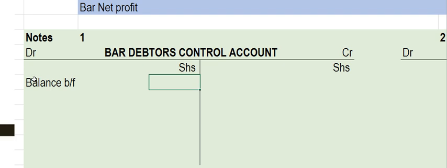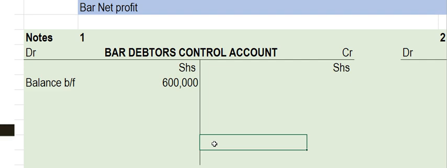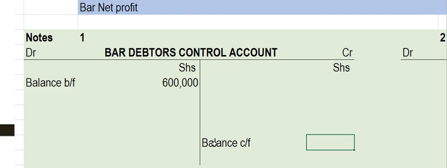That opening balance is how much you need to check on the question, and then you see that opening balance for the trade receivables, that is 600,000. Of course, also enter the closing balance, that is balance carried forward, which we put on the opposite side, and that is 800,000. That is 800,000, your closing balance.